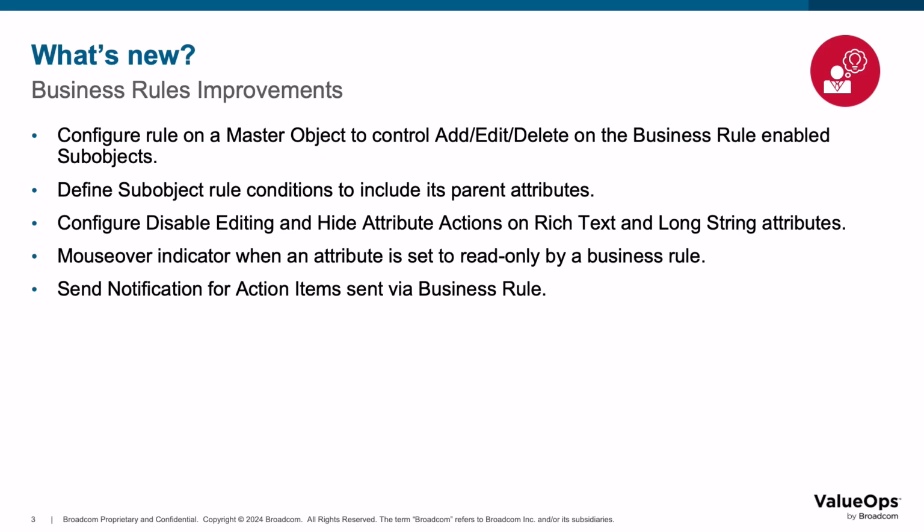But if I set that attribute via a business rule or via, let's say, an action item, do an approve or reject, the notification didn't get sent out. So we enhance the notification so that you can send the notification out either if it's changed via the UI or if the conditions are triggered via changes of the attribute via a business rule.